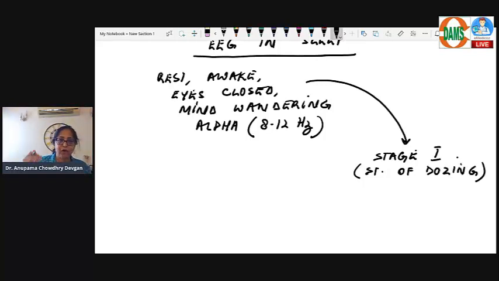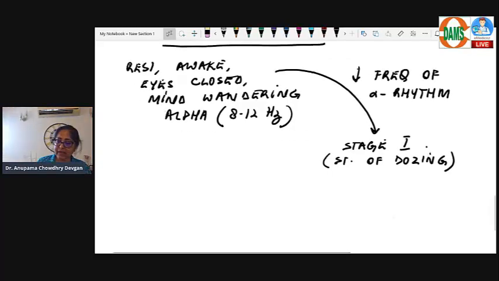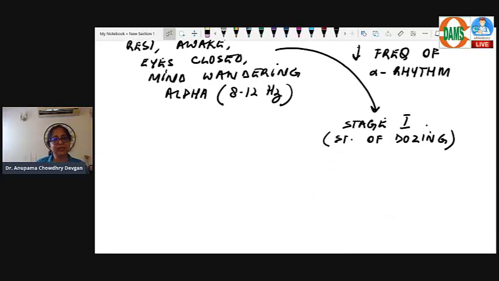So as you go from awake to stage 1, there is a decrease in the frequency of alpha rhythm.